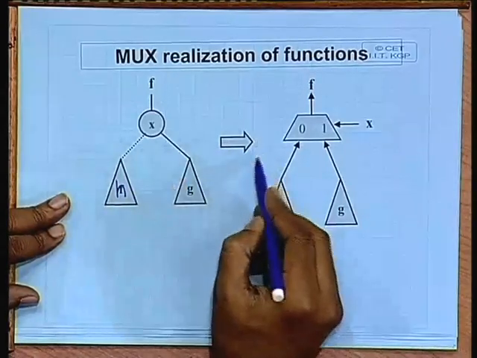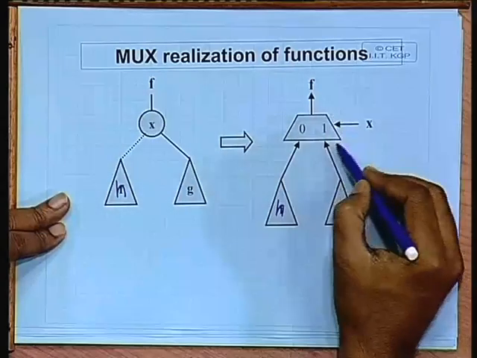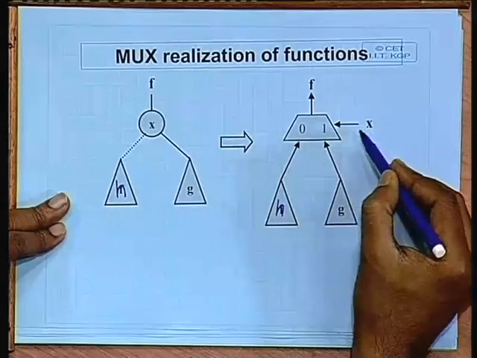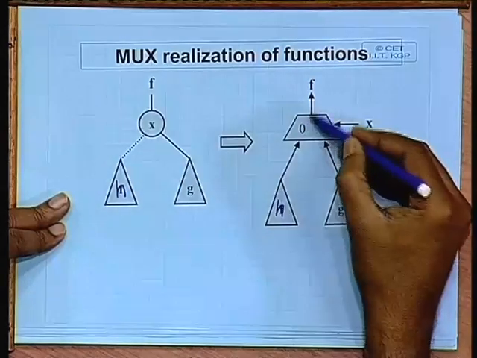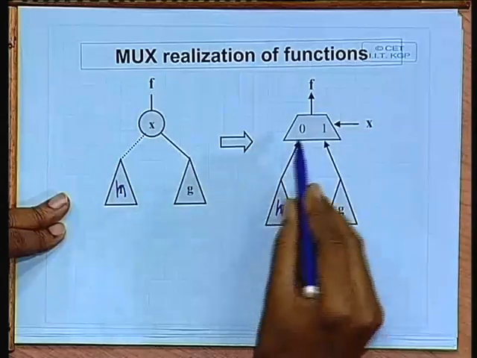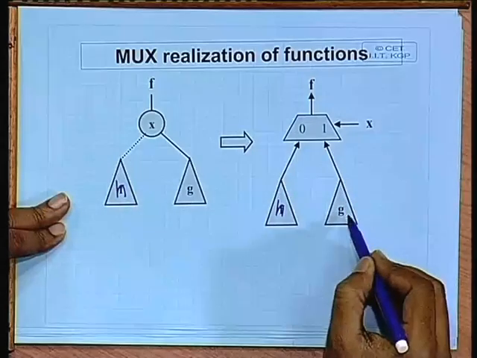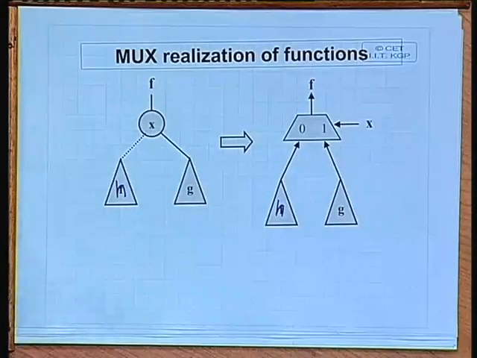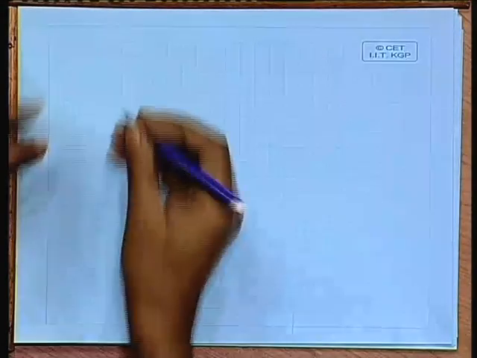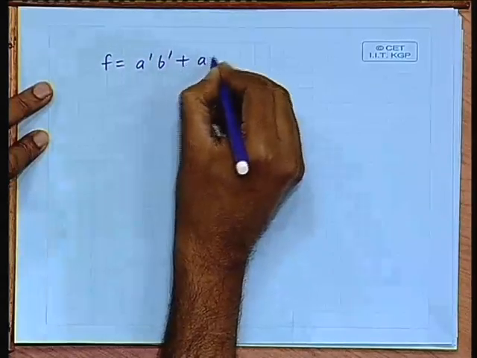Then this you can map into a partial hardware realization where this node x is modeled by a multiplexer. This multiplexer has a control line x. The output of the multiplexer is the function, and the inputs, one of them is being fed by a subcircuit realizing h, the other by g. So, as a very simple example, say I have a function a prime b prime or a b.